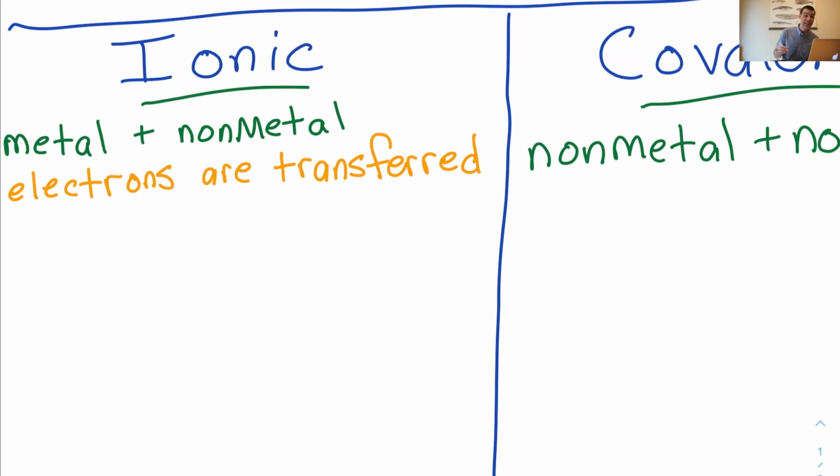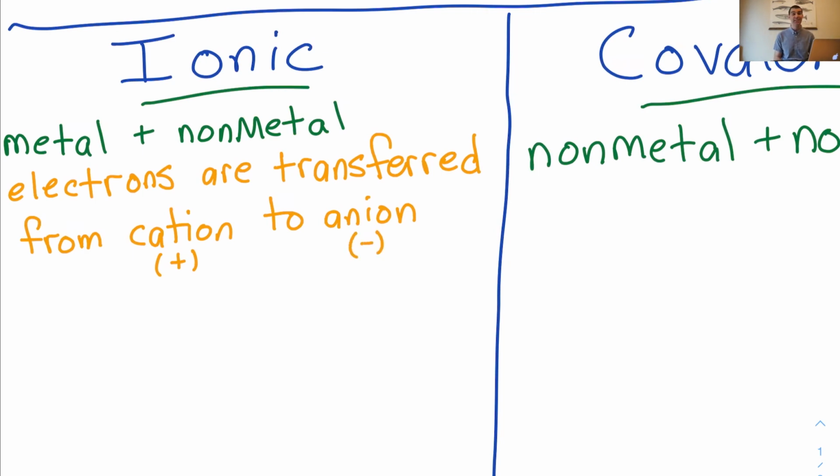So generally it is transferred, actually always, it is transferred from what we call the cation to the anion. The cation ends up with a positive charge because it loses electrons. Your anion ends up with a negative charge because it gains electrons.